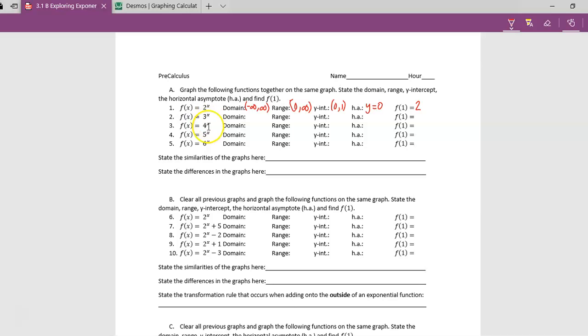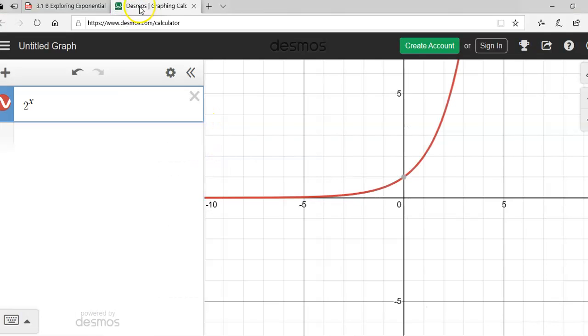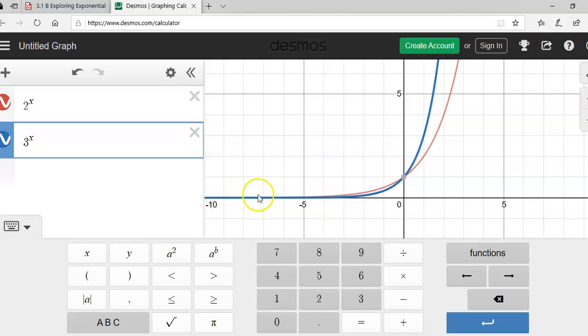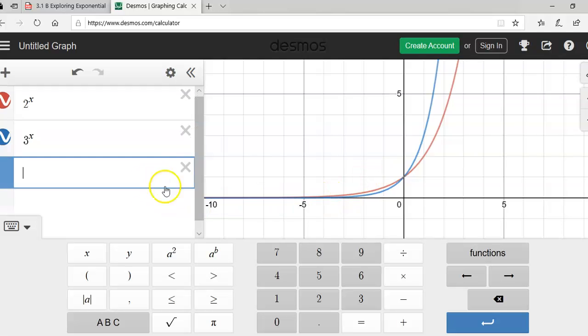We have 3 to the x, 4 to the x, 5 to the x, and 6 to the x. So let's just hurry and put those on there. So we've got 3 to the x. See, it's the same shape, but it's just changed a little bit how quickly it goes up. Maybe we do that one before we go on.